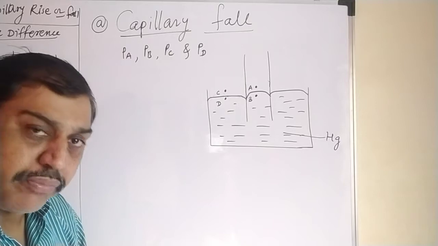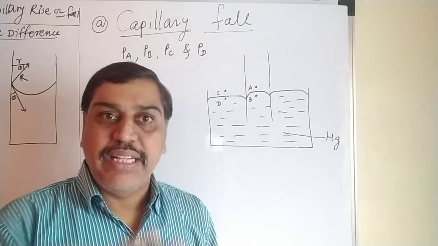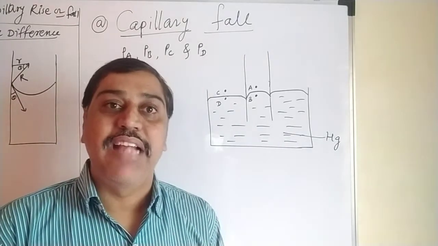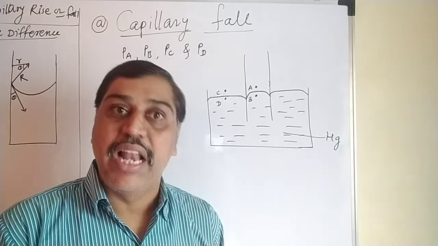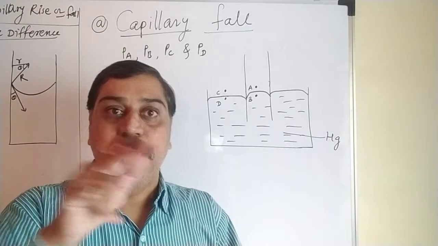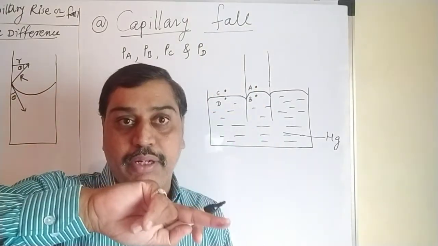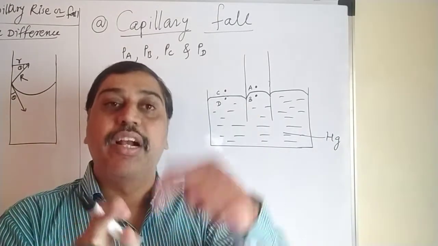As we saw in the last video, whenever there is a concave part, the concave side has larger pressure than the convex side. If the concave part is upward, the upward pressure is greater than the downward; if the concave part is in the downward direction, the downward pressure is greater than the upward.